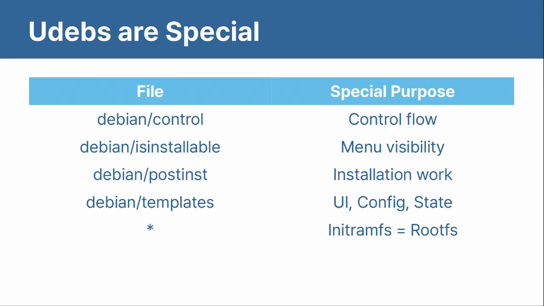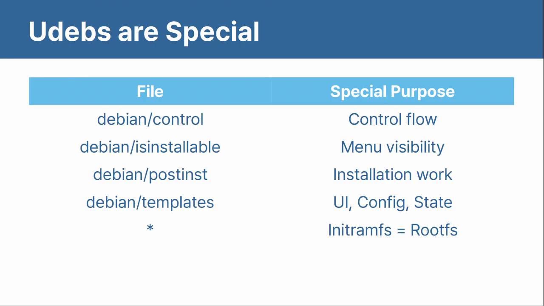And when you run an installer step, what happens is that the main menu configures that package for that step, which runs the post-installation script, which has the majority of the installation work, and it triggers UI elements, questions to ask, and all that stuff.